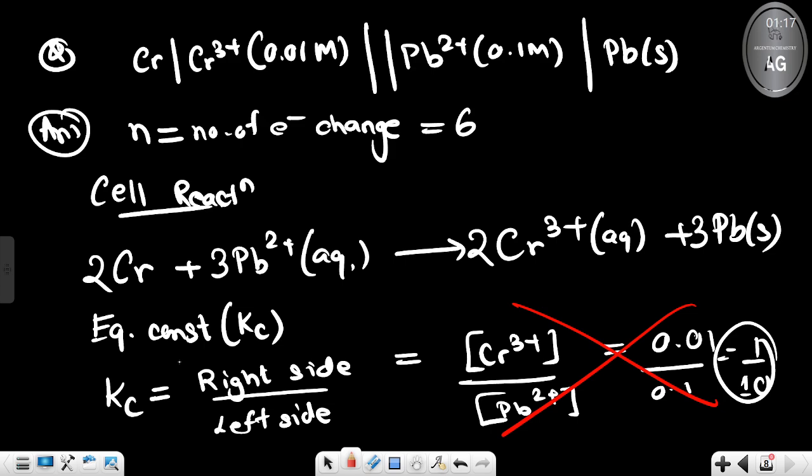So the coefficient here is 3. Have you mentioned the 3 over here? No. Then you will not get marks. So whenever you write the equilibrium constant, if it is a balanced equation with any number other than 1, please write the coefficient as the power. Otherwise your answer will come out wrong.